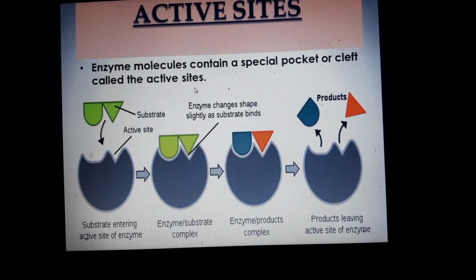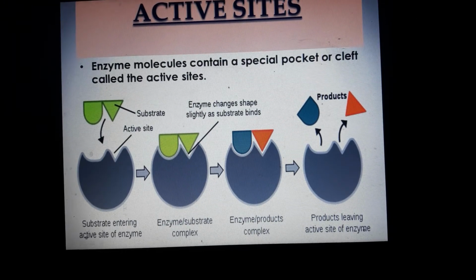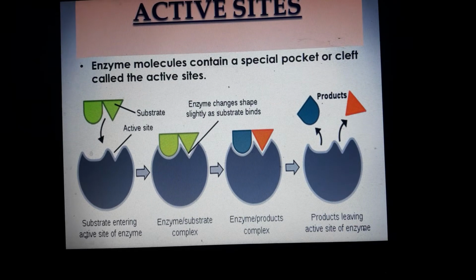Active sites: enzyme molecules contain a special pocket or cleft called the active site. If the substrate, for example glucose, binds with the active site, the substrate enters the active site of the enzyme. Okay, this is the enzyme, we have the active site. As long as the substrate fits with that active site, the enzyme changes shape slightly as the substrate binds.